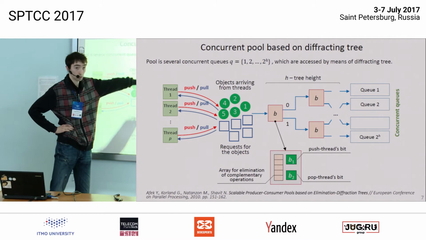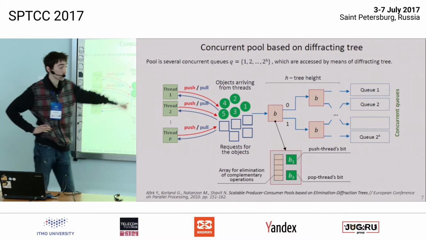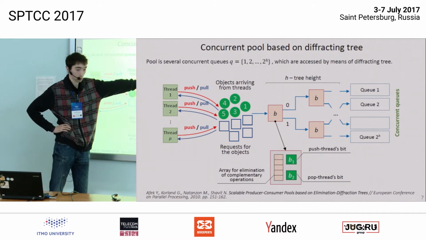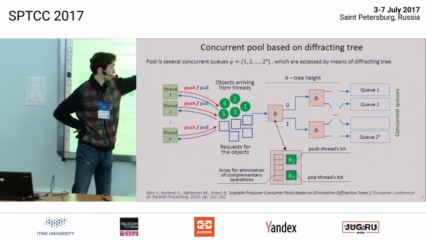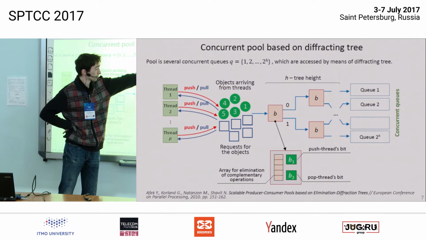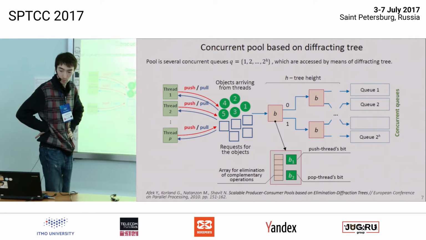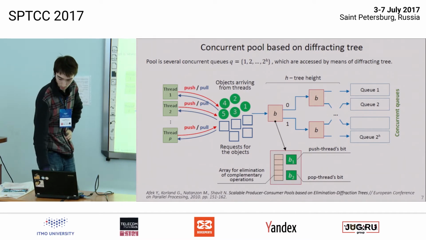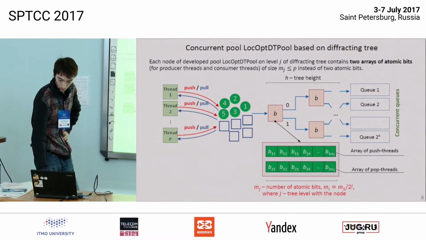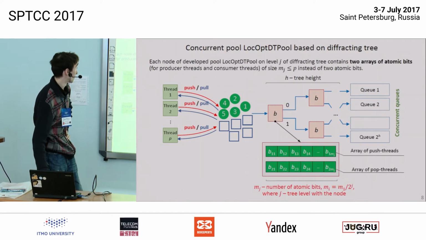So we try to eliminate operations, and then we pass through bits. Each of the leaves corresponds to a concurrent queue, so we distribute operations between the queues. We propose a different implementation.